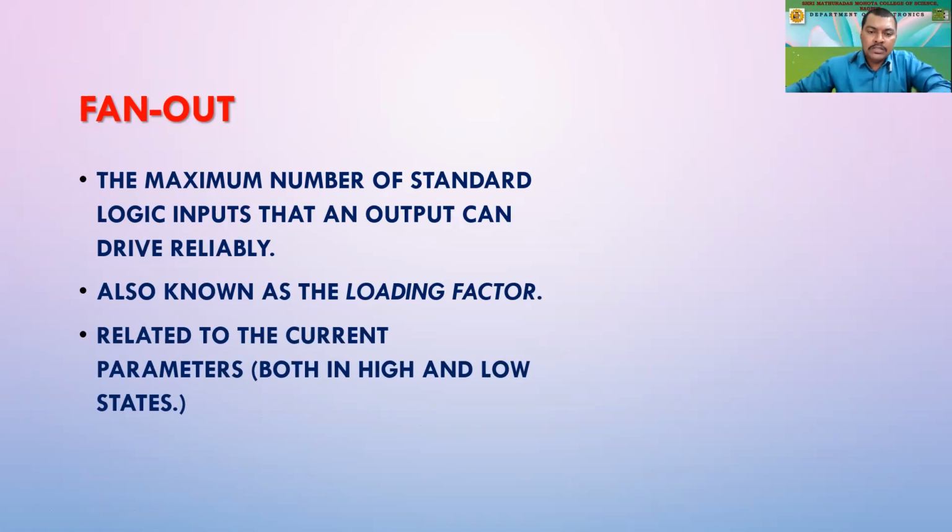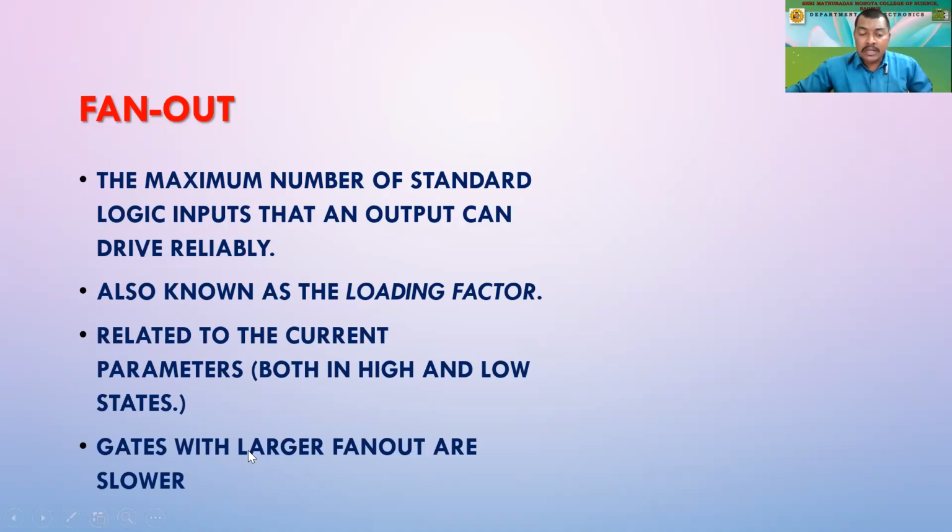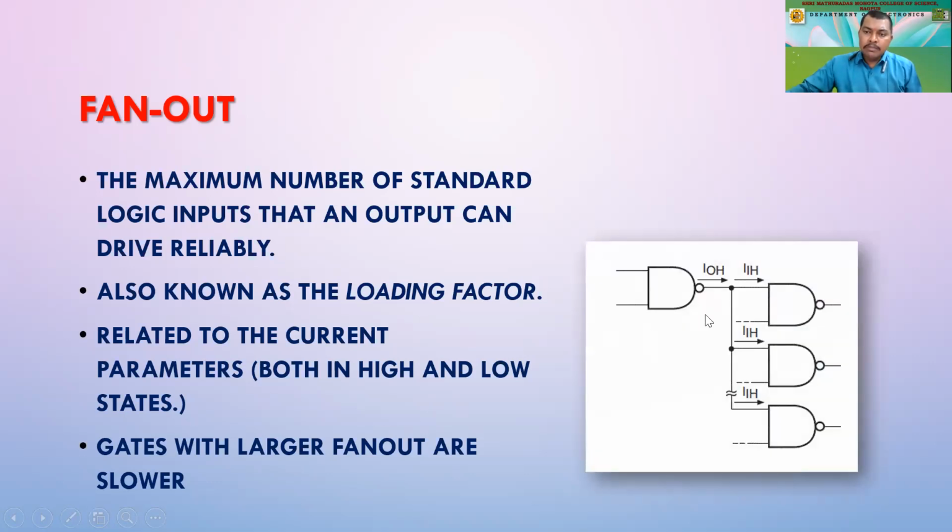The drawback is that gates which have larger fan out are very slow. Since we are working in the digital domain, we expect the speed to be very high. So if we have to connect many ICs to the output side of a gate, then they become slow.